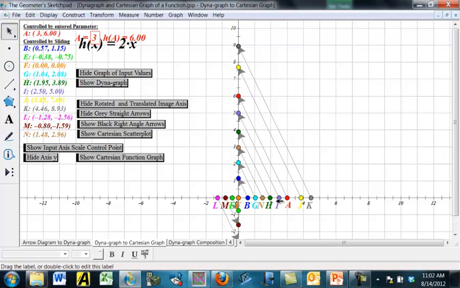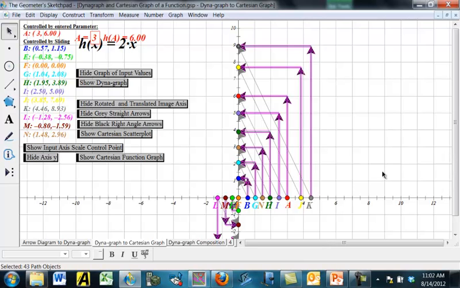So now we can think of input here and output here. Okay, now I'm going to go one more step. I'm going to bend these arrows so that they only go vertically and horizontally.